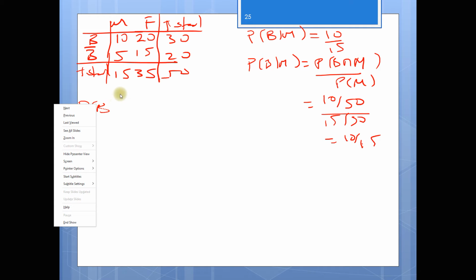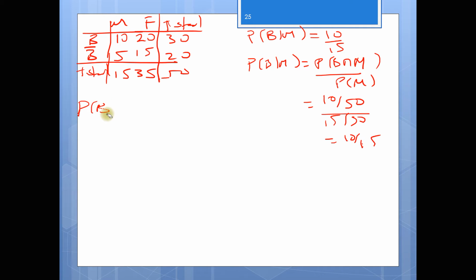If we evaluate the probability of B given M, we have already said that it is equal to the probability of B intersection M divided by the probability of M. All right, we just saw that.